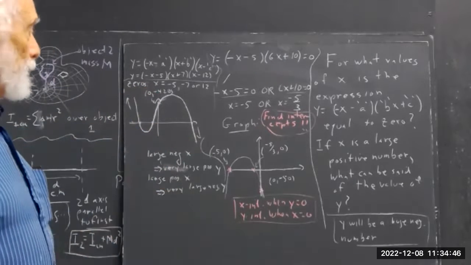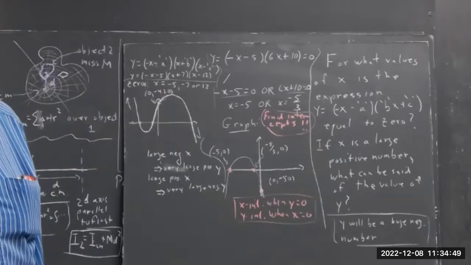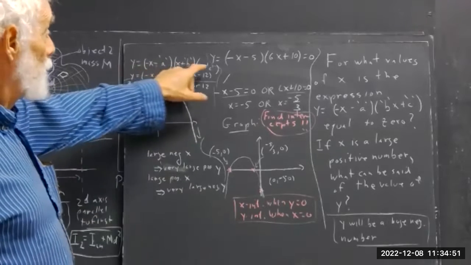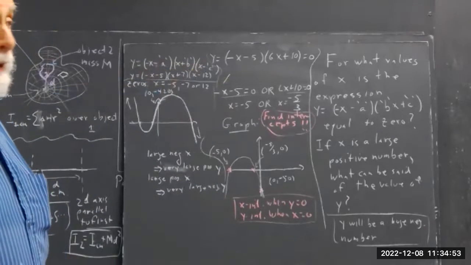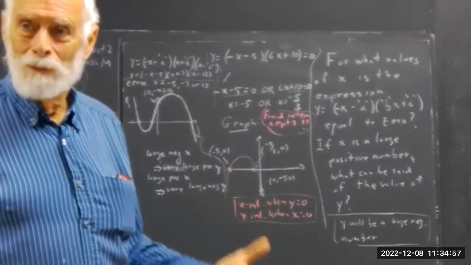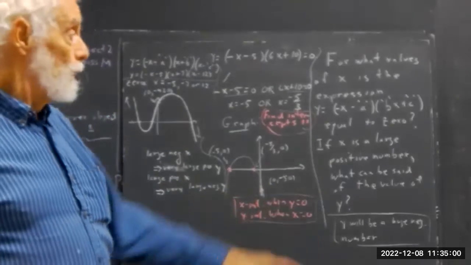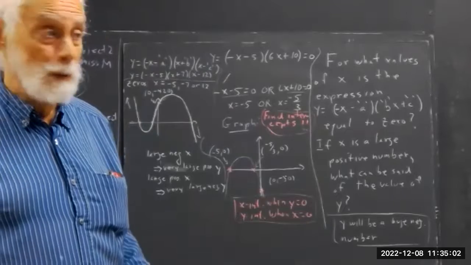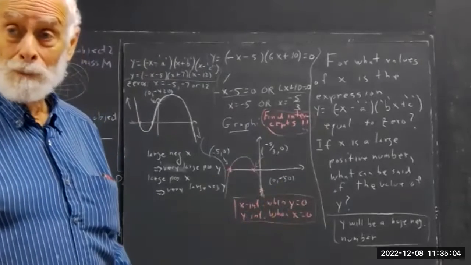Well, this is how we graph polynomials. We need to have the polynomial factored, and I'm not big on the process of factoring polynomials. Quadratics, yes, you should be able to factor those and solve by factoring.